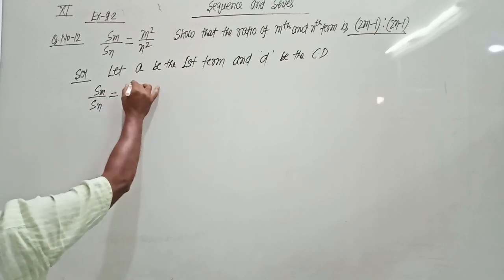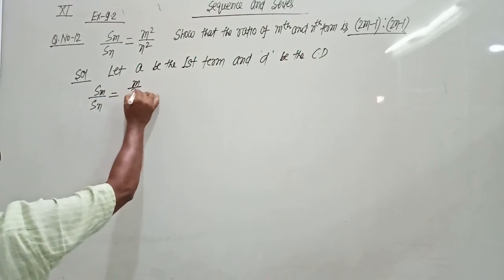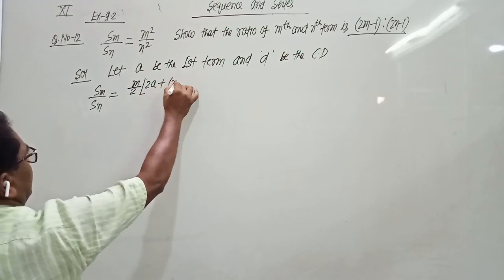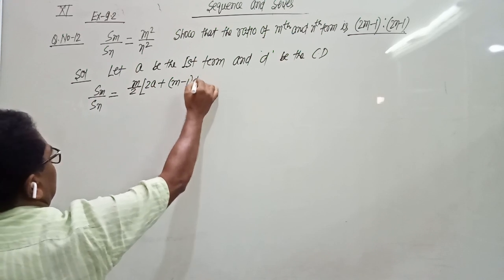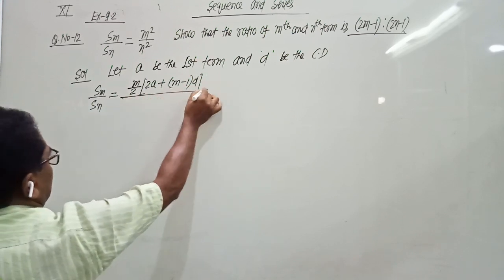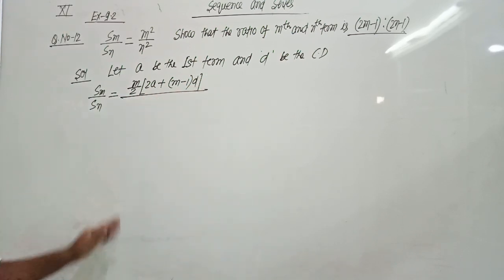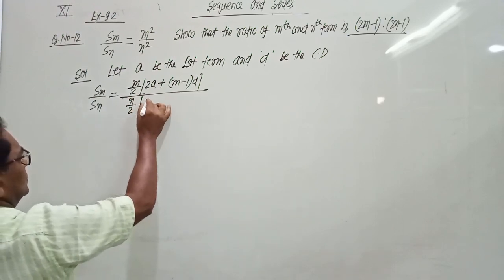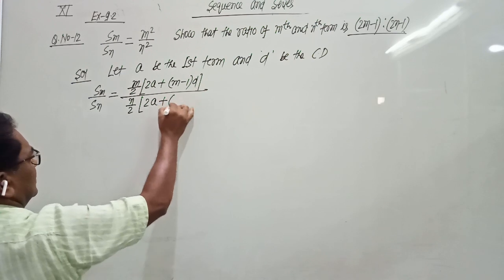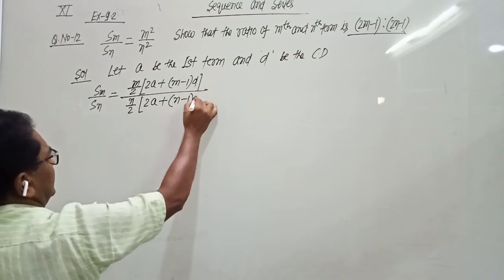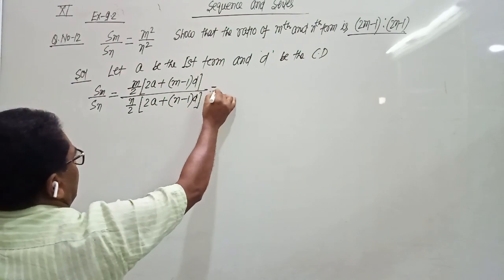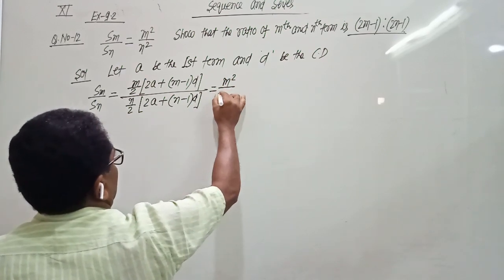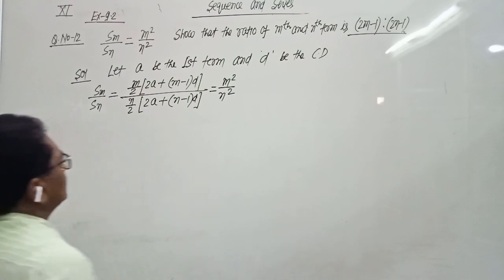Sum of m terms means m by 2 into 2a plus m minus 1 into d, upon sum of n terms means n by 2 into 2a plus n minus 1 into d, and this equals m square upon n square.